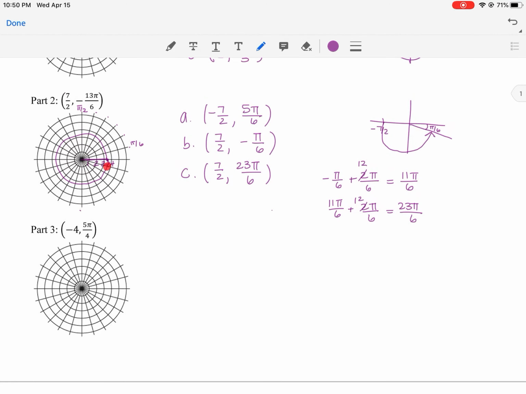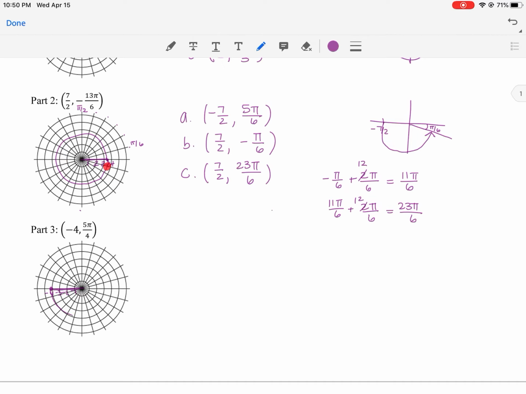Okay, last but not least, this one, we're now going to less than negative 1, negative 2, negative 3, negative 4. So it's got a radius of negative 4. And then this time, I'm rotating counterclockwise, right? Because it's positive.